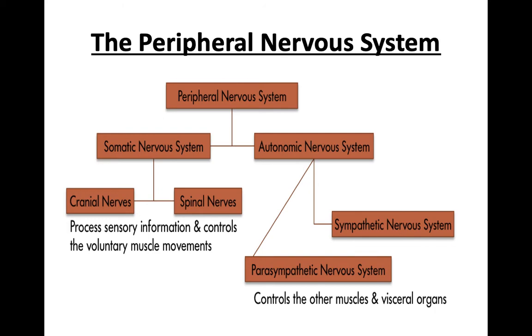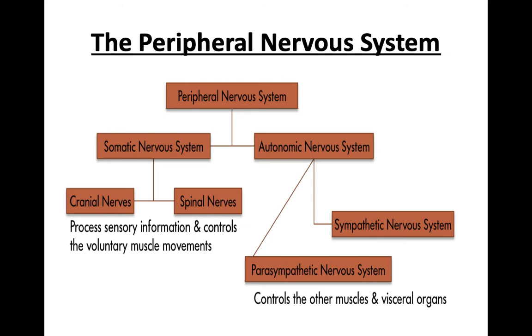So some of the voluntary stuff is, let's just say we're going to type a text message. You have to make conscious choices about which letters to go where. Your brain needs to send the appropriate signals to your fingers to type that text message. So we can think about that as voluntary processes.